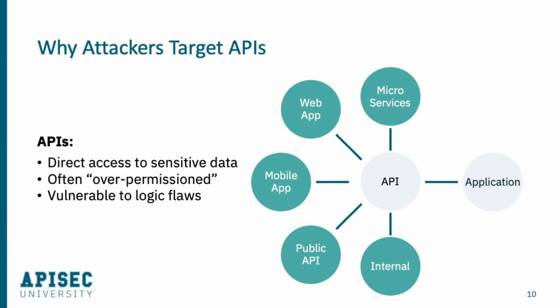And there are a few reasons why that is. Why is it that APIs are such a target? If you look at this very simple schematic, you've got the back-end application. That's where all the data lives and the functionality.